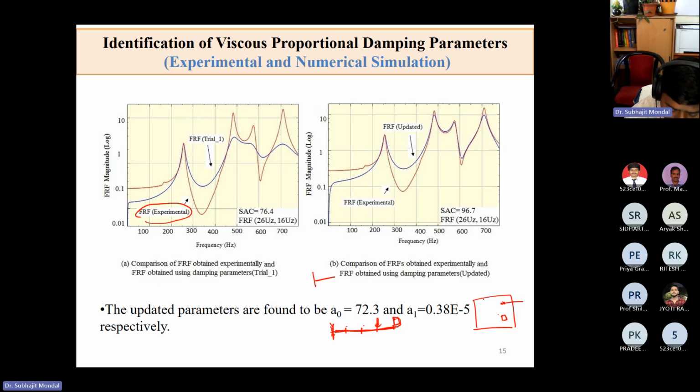For the plate also, we discretize the whole plate into a few segments, place the accelerometer at one location, and hit the plate at different locations, capturing the acceleration through the accelerometer.